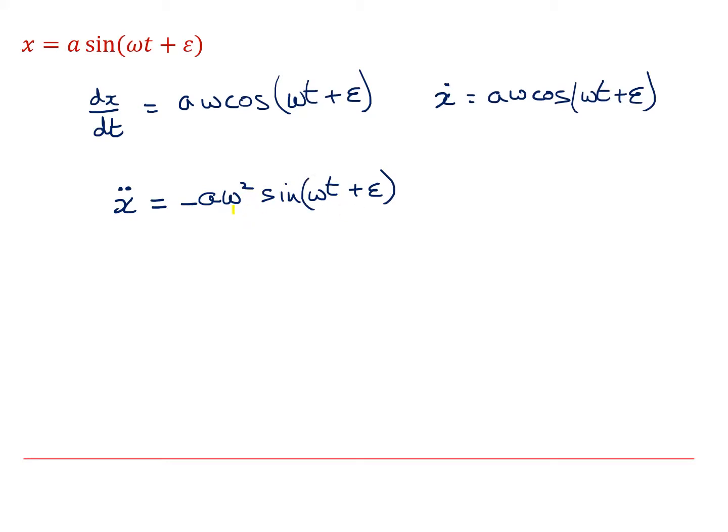But if you look at this, a sine omega t plus epsilon is just x, and therefore this tells me that x double dot is equal to minus omega squared x.